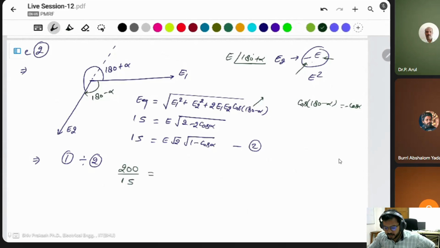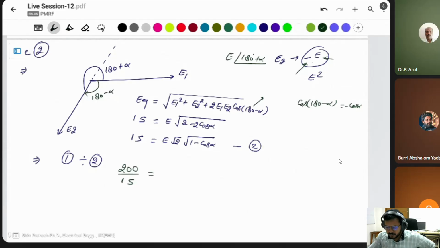I am still confused. You have said that either you can change the angle or otherwise consider the negative sign. How is it possible, sir? Oh, okay, you are saying that the direction is not equivalent to scalar, right?